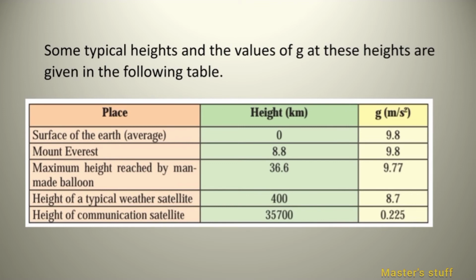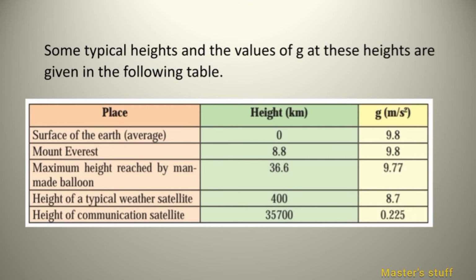Next, the maximum height reached by a man-made balloon is about 36.6 km. Thus, the value of g changes to 9.77 meter per second square. Then, the height of a typical weather satellite is about 400 km, and the value of g reduces to 8.7 meter per second square.